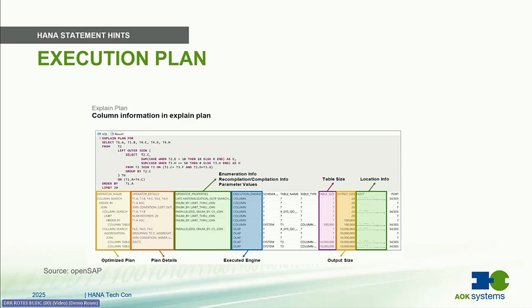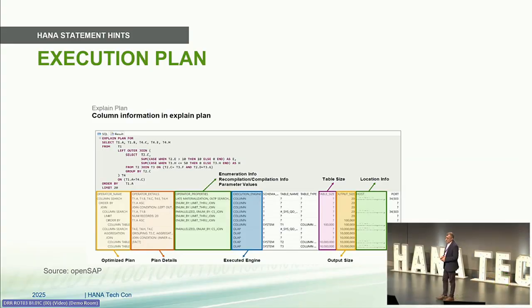Mostly we see an execution engine change, but sometimes the execution engine is the same, but we have different runtimes. That's why it is very important to understand HANA execution plans.